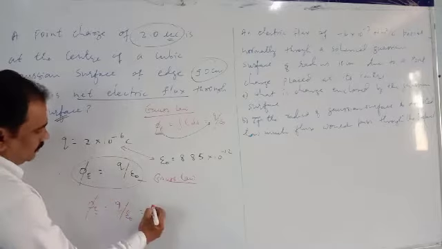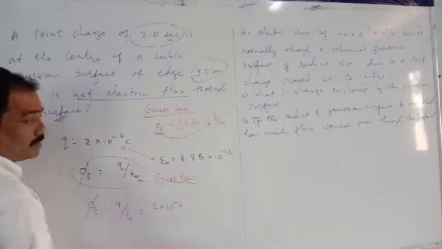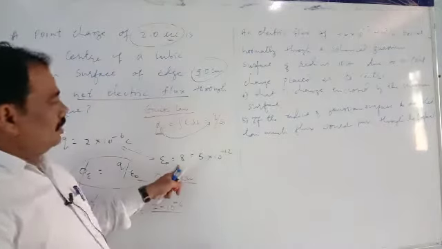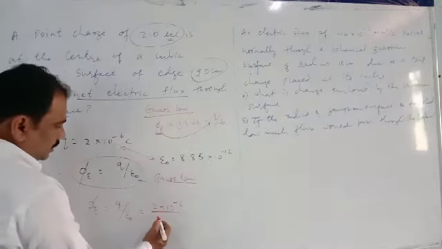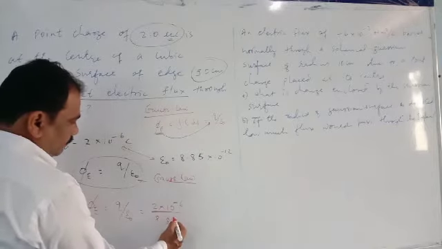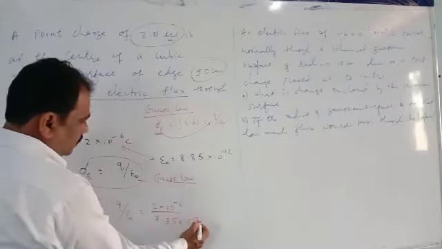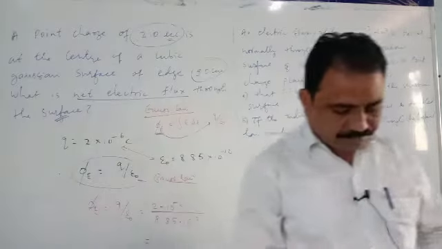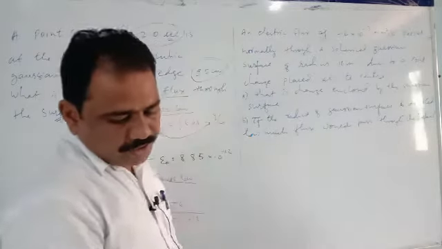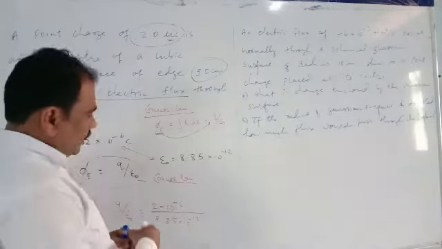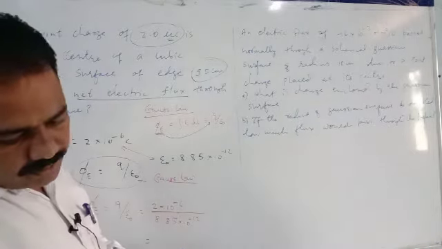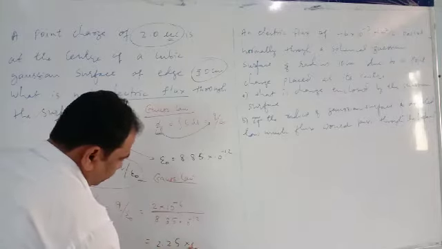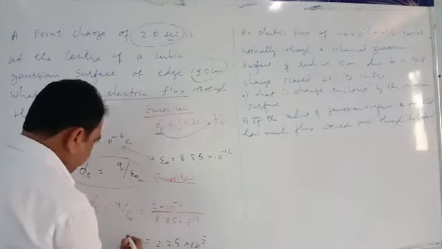Q is given in microcoulomb, 2 into 10 to the power minus 6, upon the constant value for permittivity, 8.85 into 10 to the power minus 12. So the result will be 2.25 into 10 to the power 5. This is the total electric flux.